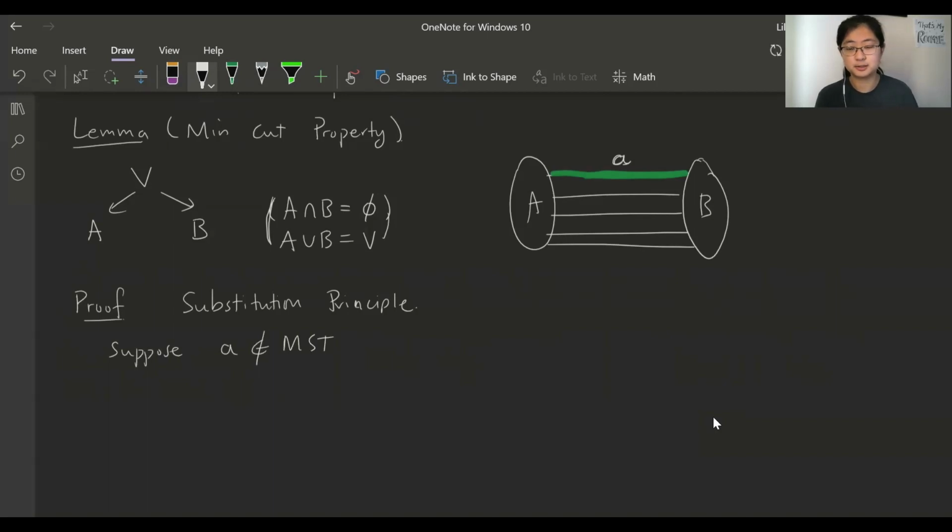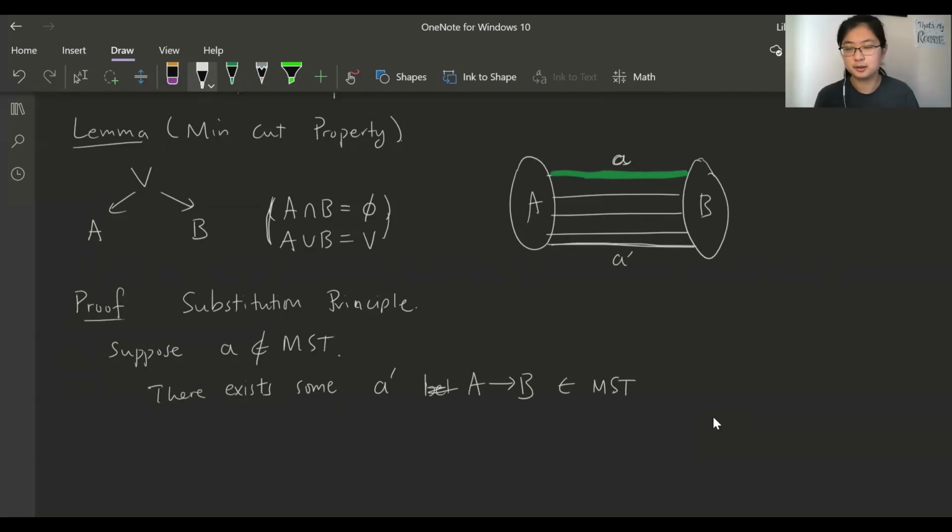Then we know that some other edge must be, right? So we know that there exists some other edge, a prime, going from A to B in the MST.